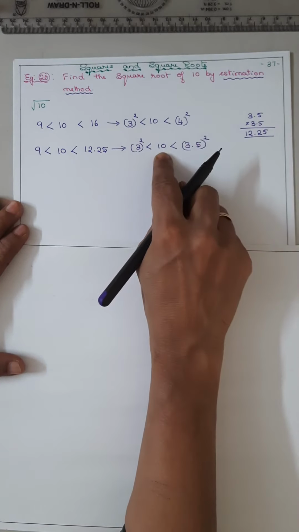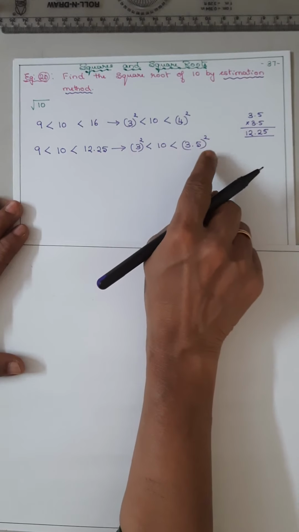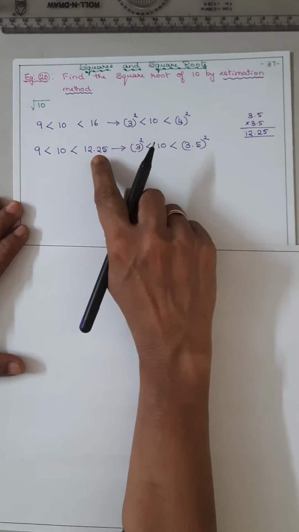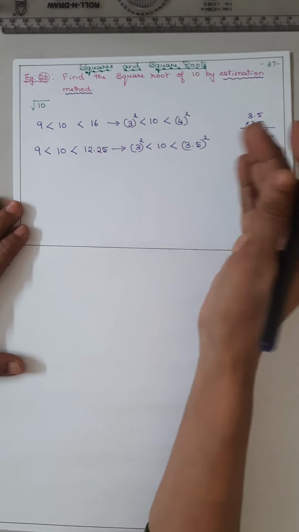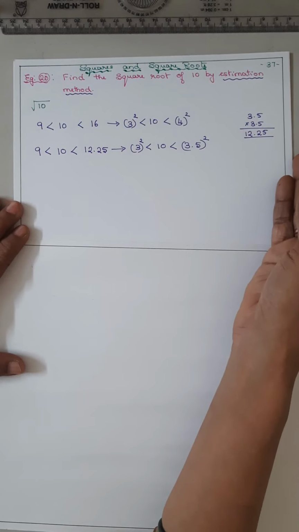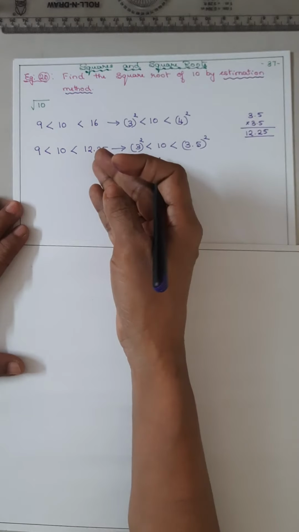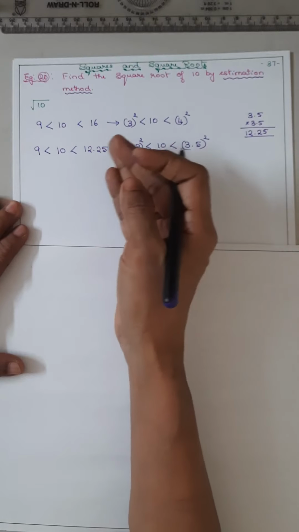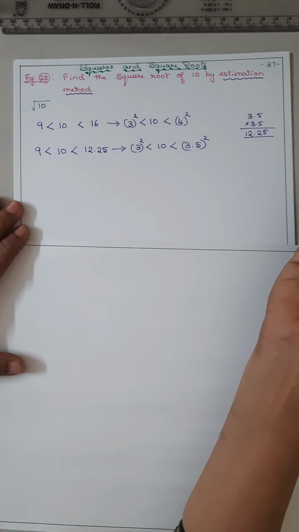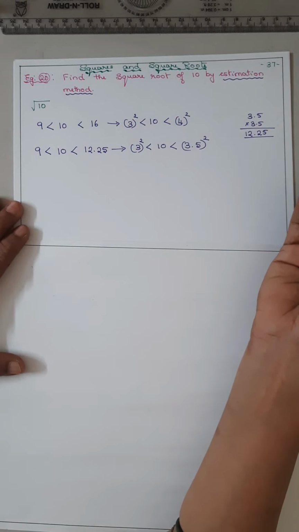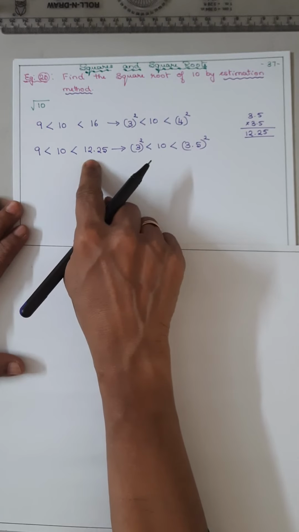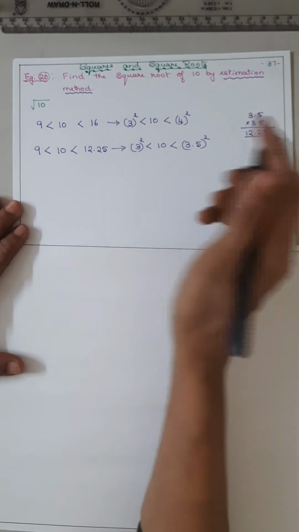So 10 is between 3 square and 3.5 square. Now 12.25, we need to bring it lower. 3.5 means 12.25. So to come closer to 10 we could try 3.4, 3.3. But we will try, because there is a large difference, so try with the 3.2.